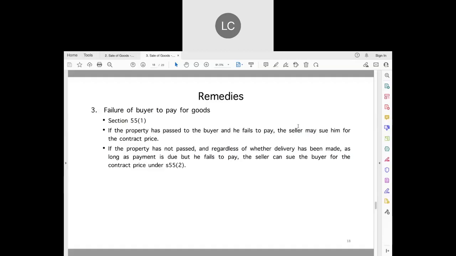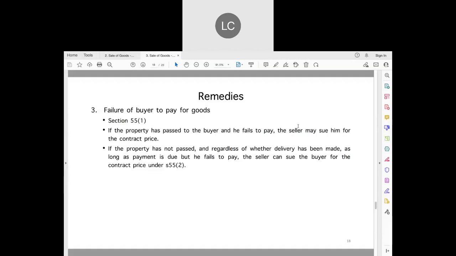In essence, when the property has passed but the buyer fails to pay, then the seller can go under 55(1) to ask for the purchase price to be paid. But when the property has not passed and the payment has become due, and the buyer fails to pay, then the seller may seek a remedy under 55(2), also for the contract price.